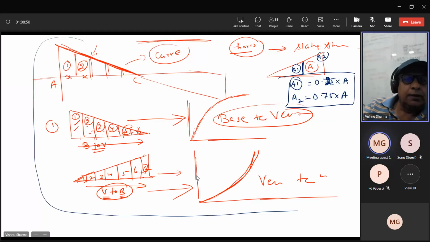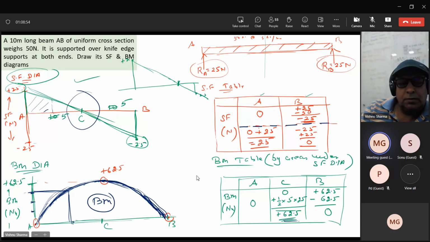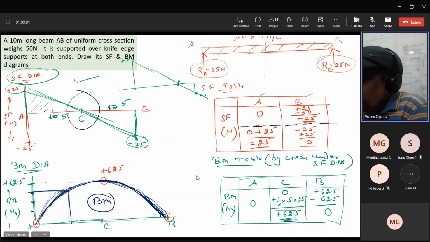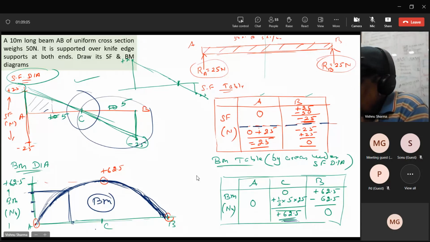Sir, in the last slide, from C to B, I cannot relate that vertex. Okay. If you have to draw it from B to C, how will you draw? Then you will be able to relate. From B to C, it will be the same as A to C. So that's exactly what I said. It's a mirror image.